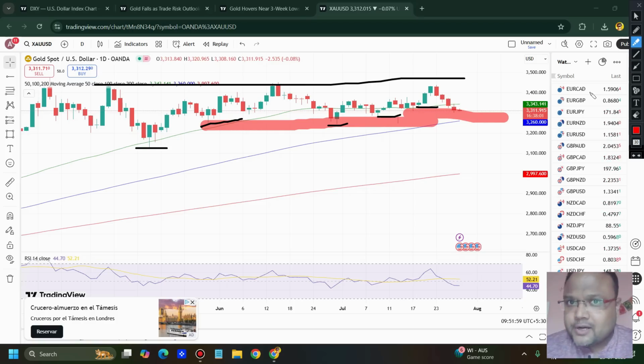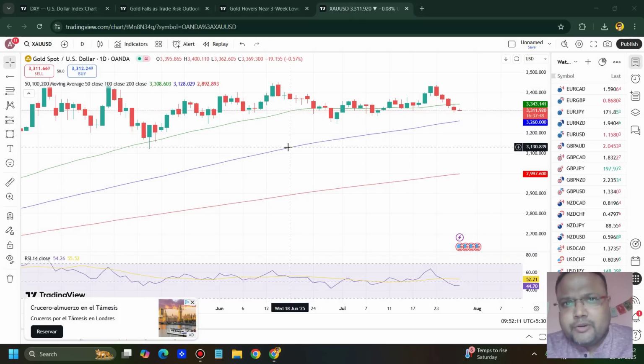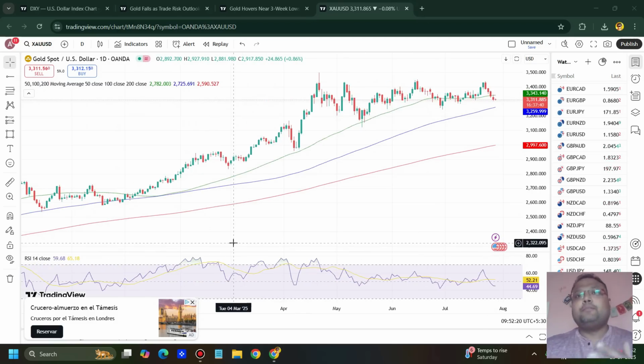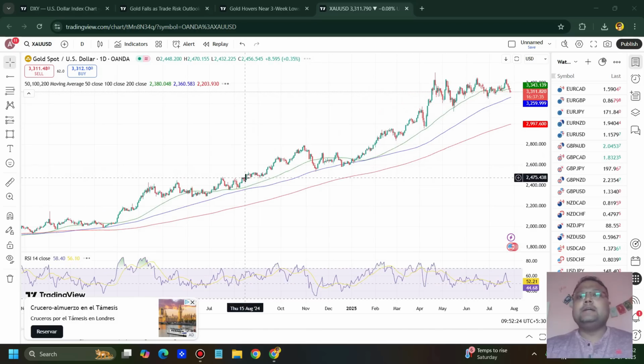So if you're a swing trader looking for a sell position, I think it's not the right time. And if you're a positional trader, you should always be on the buy side because gold is fundamentally bullish. There is no doubt about it. Positional traders hold their positions for a couple of months to a couple of years, so if you plan to hold gold for a long time, you should always be on the buy side.